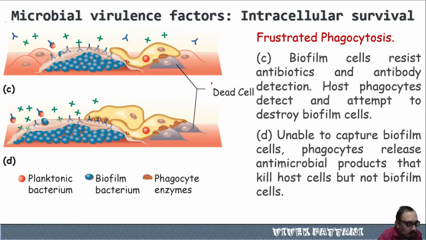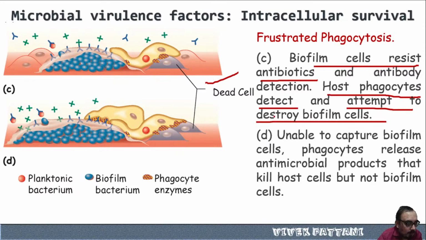Now in the third scenario, what happens? The biofilm cells resist the antibiotics and even antibody detection, and the host phagocytes detect it and attempt to destroy the biofilm cells.